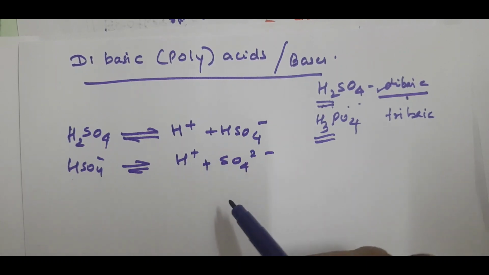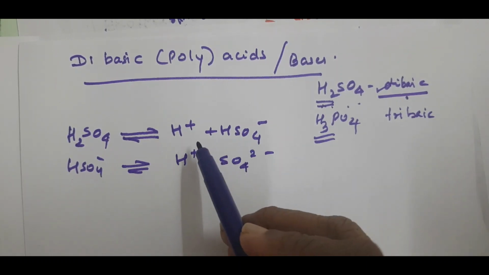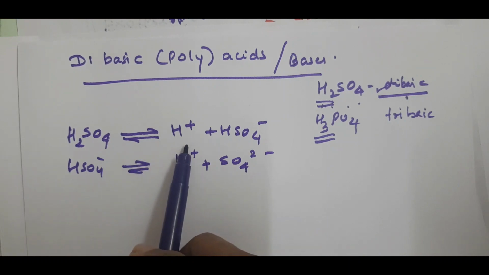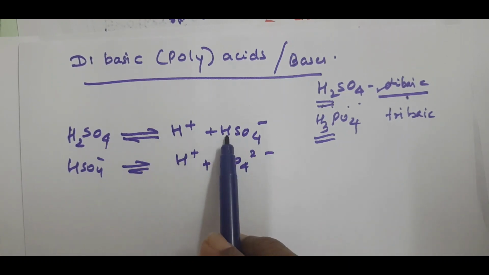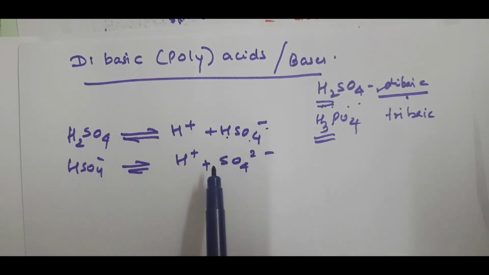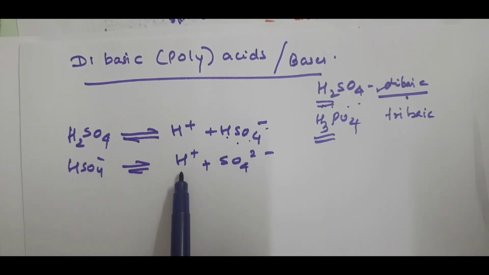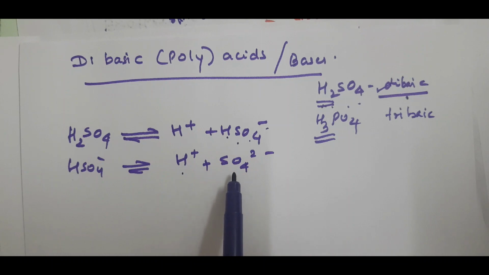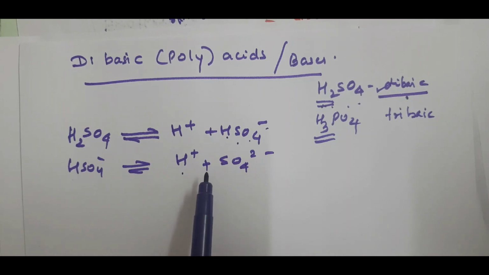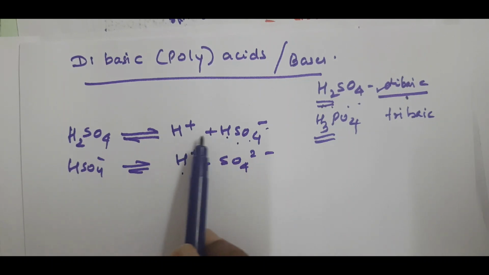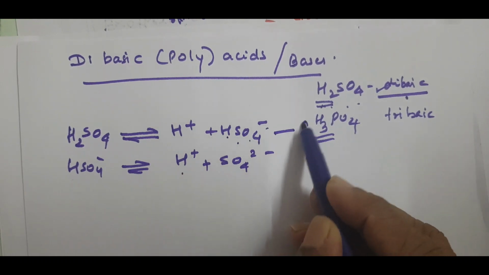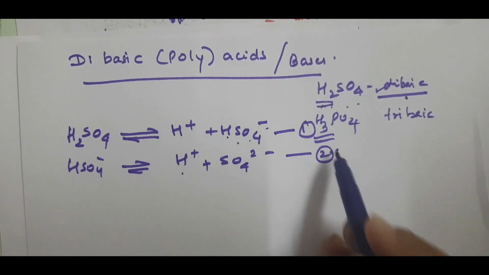See. So in the first case, it forms H plus and HSO4 minus. And in the second case, this HSO4 minus again dissociates to form H plus and SO4 2 minus. Okay. Now, if I say this is the first equation and this is the second equation.